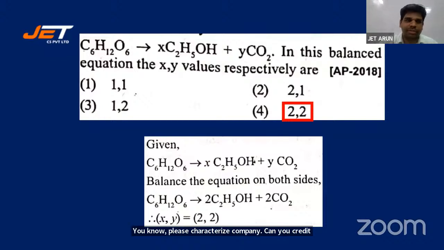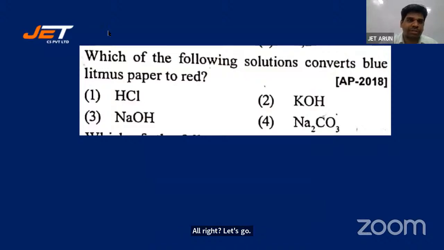Correct yourself. Let's go for the next one. Which of the following solutions converts blue litmus paper to red? Blue litmus paper to red. So is it done by acidic solution or basic solution? Think of that. Okay. All right. Rapid answers and all are consistent. 1. Very good, students. Excellent. Go ahead. I want everyone to answer. I'll give you another 10 seconds. Go ahead, students. Excellent.